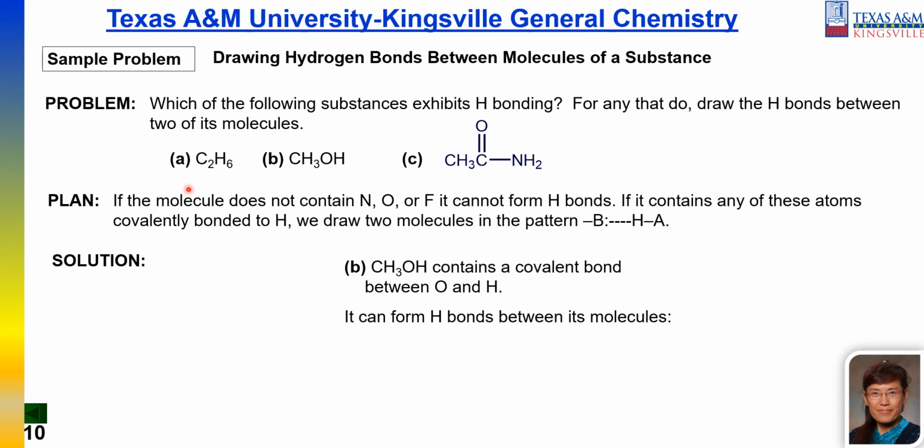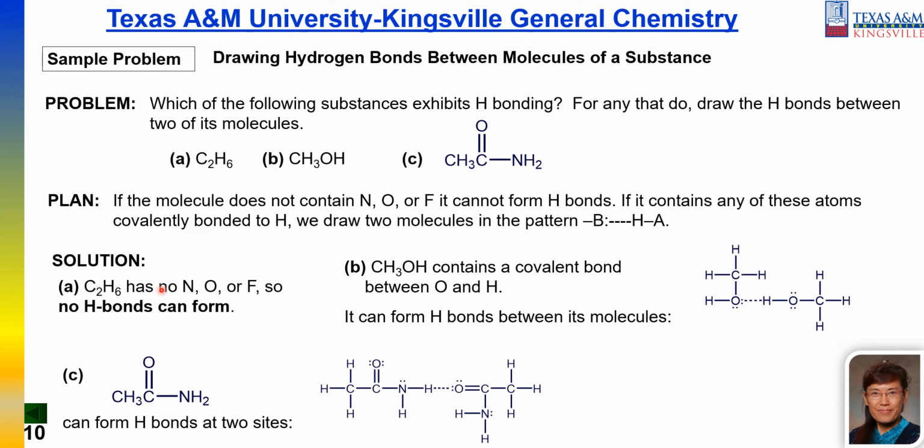So let's take a look. Our solution, number 1, again, C2H6. You don't see any nitrogen, oxygen, or fluorine. Therefore, hydrogen bond is not going to be formed. Second one, methanol. Methanol does have oxygen, and this oxygen is directly bonded with hydrogen. This is CH3. These 3 hydrogens are directly covalently bonded to carbon. They are not going to be involved in hydrogen bond.